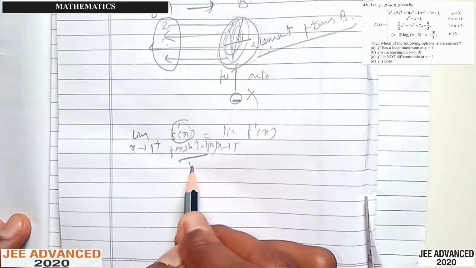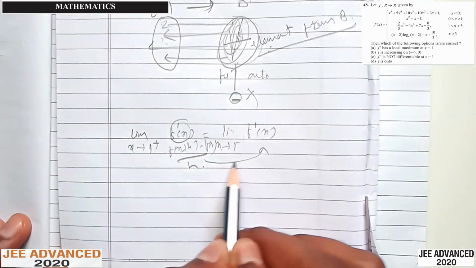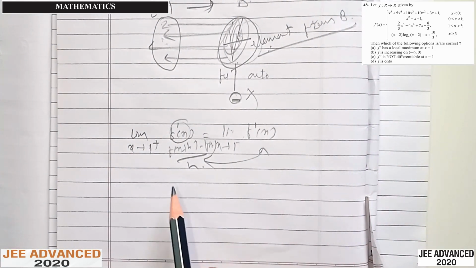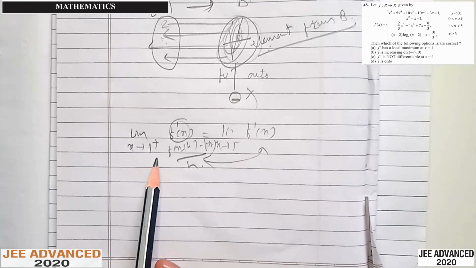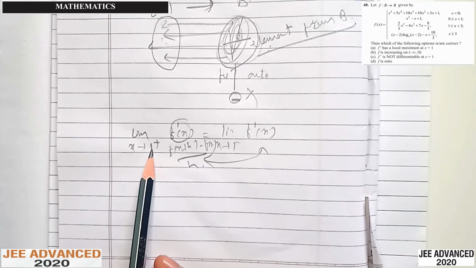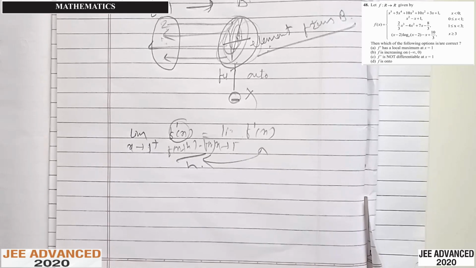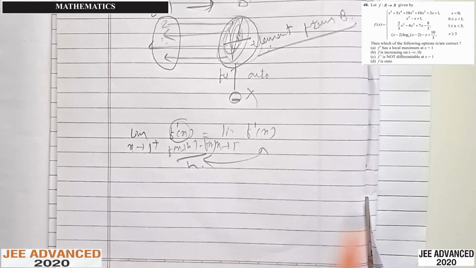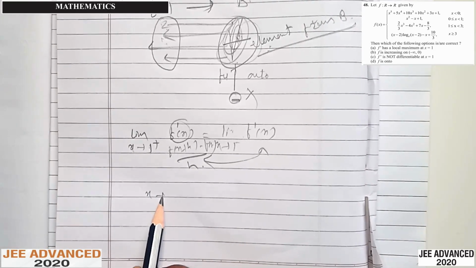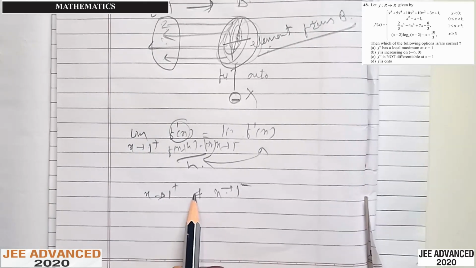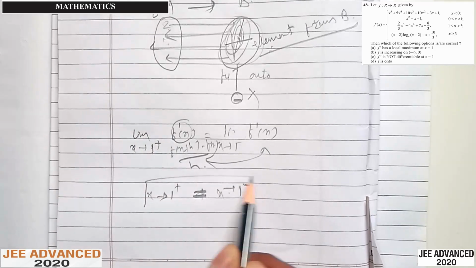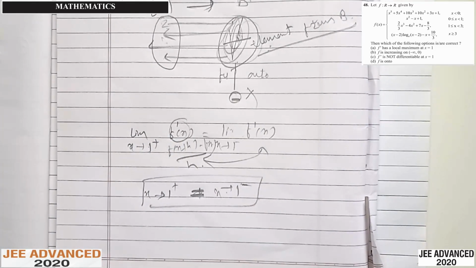This is the rule of differentiation that we call first principle. To show any function is differentiable, we show the right hand limit and the left hand limit, that is x tends to 1 plus and x tends to 1 minus, are both equal. When both are equal, we say the function is differentiable at that particular point.